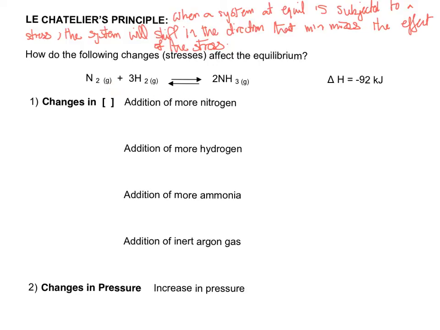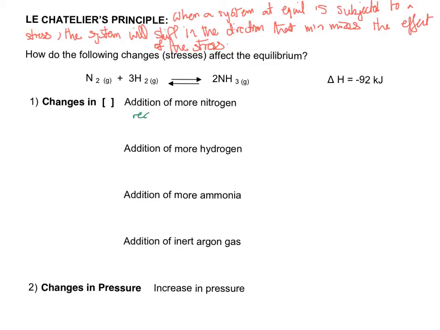So you've reached equilibrium and you're happy, but now you're adding more reactants. Now there's too many reactants. That's not good. And so it's going to shift to one of the sides to get rid of that extra nitrogen, or to use up that extra nitrogen. So which way would that shift? That would shift to the right to make more ammonia so that you use up that extra nitrogen.